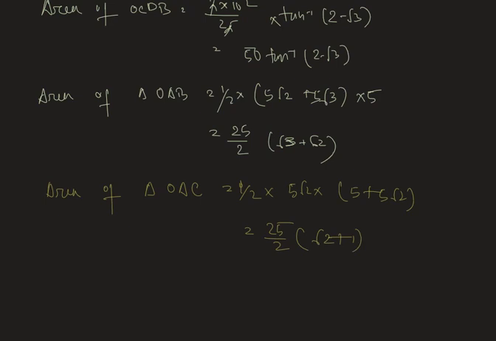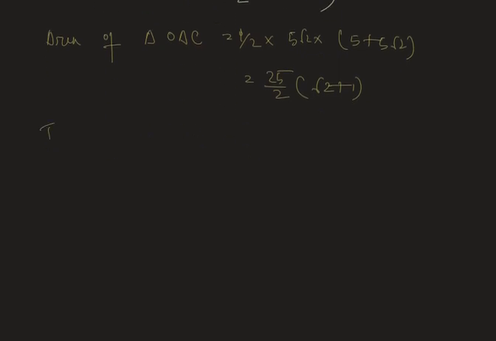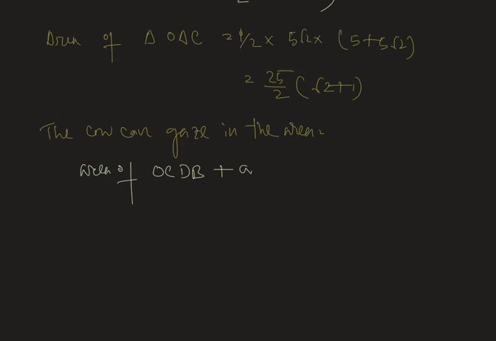Therefore the total area that the cow can graze is equal to the area of OCDB plus the area of OAB plus the area of OAC.